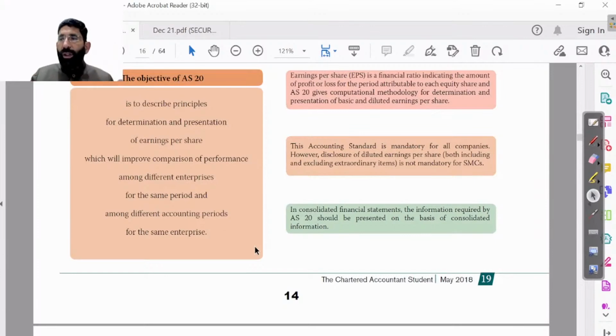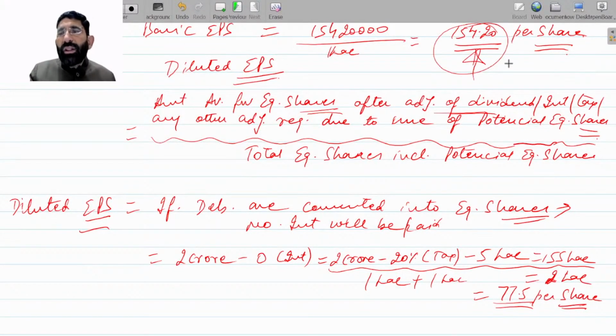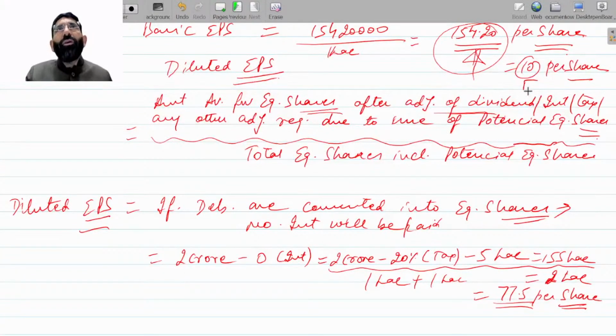The company may show that my basic EPS is 154.20, and the company says I'm going to pay a dividend of ₹10 per share to every shareholder. Someone may say, you have earned ₹154 and are paying a dividend of ₹10 only. No one can ask the company.